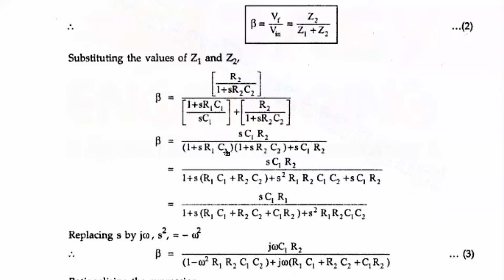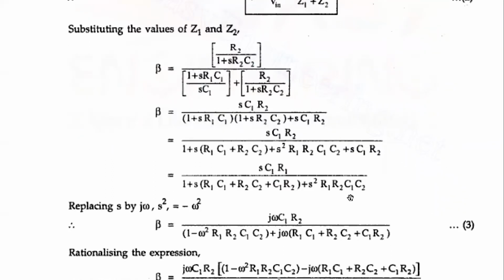Then multiplying the last terms gives S square R1 R2 C1 C2. This term we are taking as it is. Nothing we are doing, just multiplying inside, brackets multiplication. And here two S terms, S we are taking out.